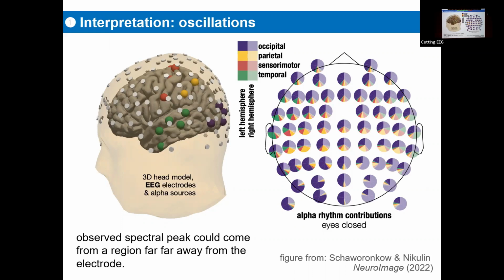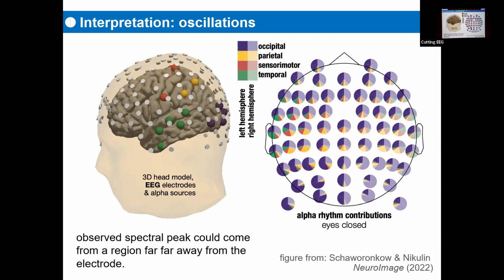I have a little bit of time, so I'll explain this psychedelic plot. This is a simulation. We placed a few alpha rhythm type sources into a human brain, and then we calculated with the help of a lead field how much each source contributes to each of those channels.